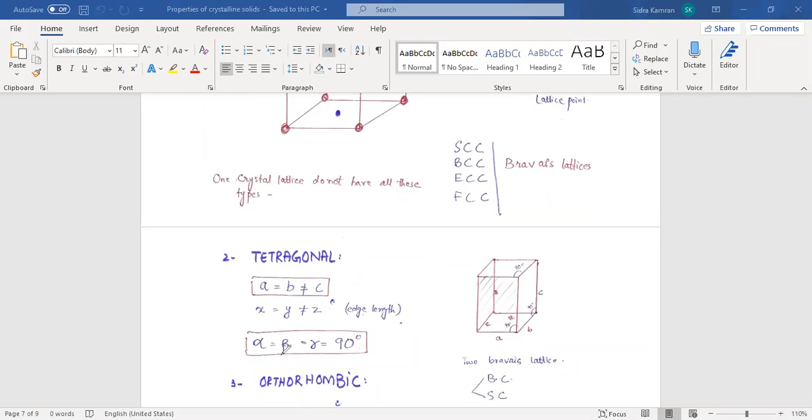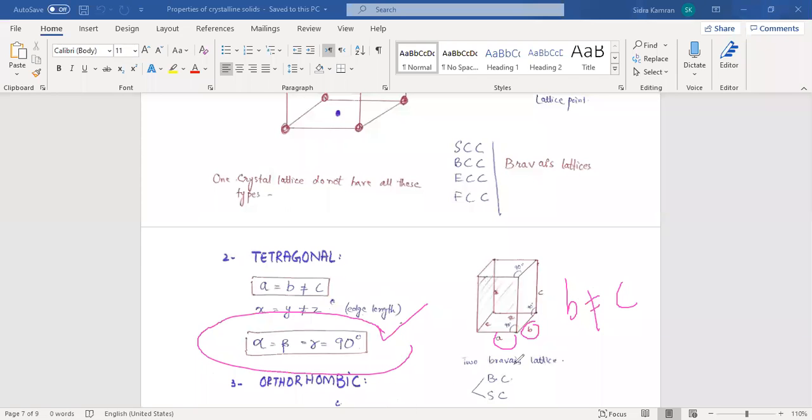Alpha and beta angles are the same, basically all are the same in this. Only the difference is of lengths. Alpha, beta and gamma are 90 degrees. Edge length A is equal to edge length B, but B is not equal to C. C is a little bit longer.